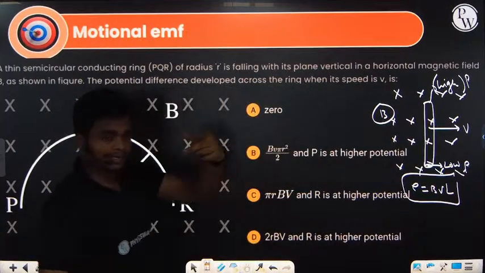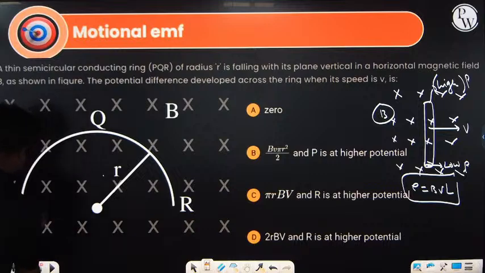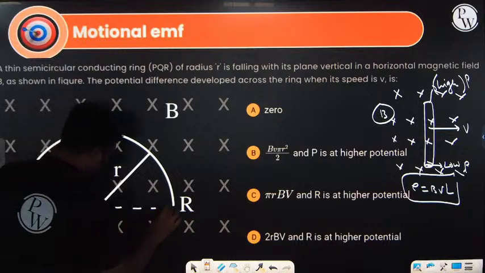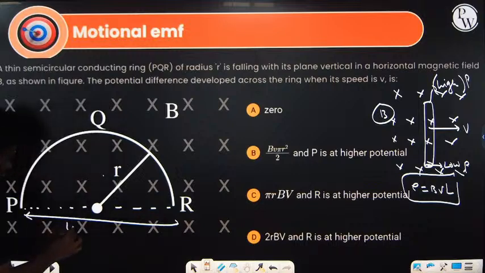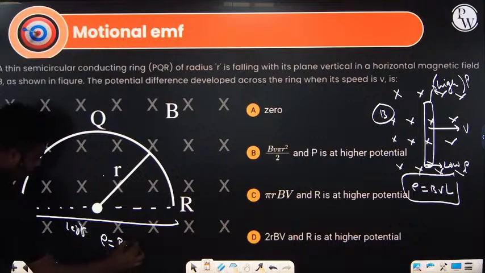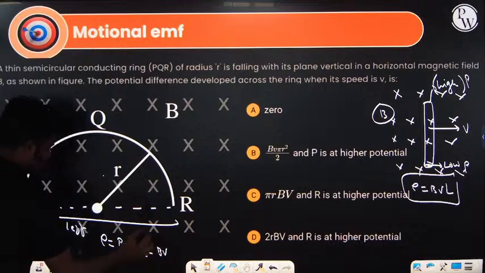In case of the curved wire, what we have to do is just join the end points. This will be L effective. What is the EMF induced across this? B into V into L effective. And what is L effective here? This one is R, and this will also be R, so this will be 2R.